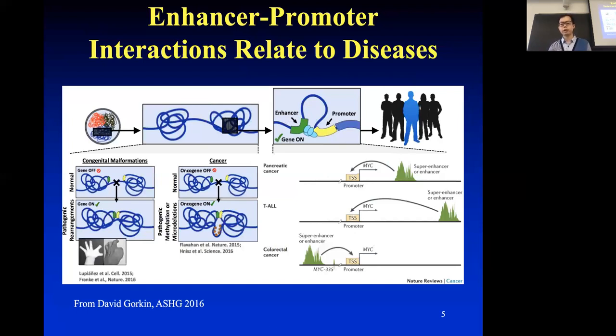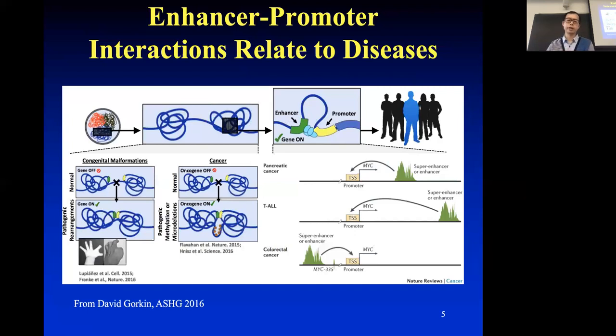So you can see there are three different cancer types. The causes of those three different cancer types, of course, have many different reasons. However, for the three cases I show here, you can see in the pancreatic cancer, there is an enhancer or super enhancer at the downstream of this MYC gene, which is the oncogene in this case. They come together in the 3D space.